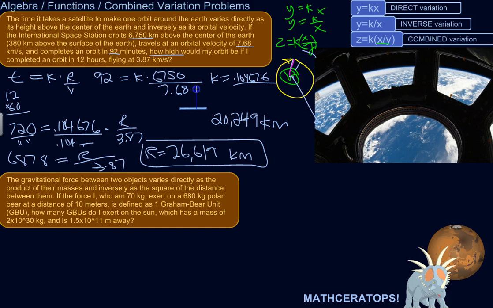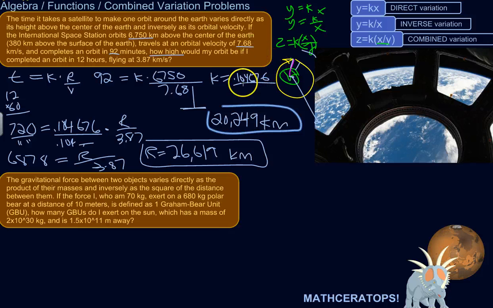That's how high I am above the surface of the Earth, right? So I'm over 20,000 kilometers up there in space, which is quite a bit higher than the space station, which is why I can fly so much slower and why it takes me so much longer to orbit the Earth.